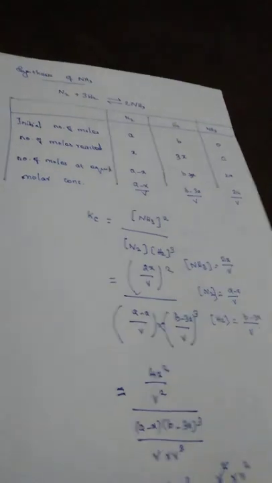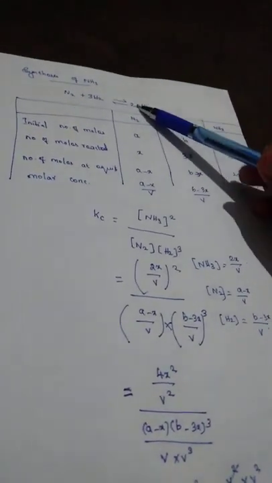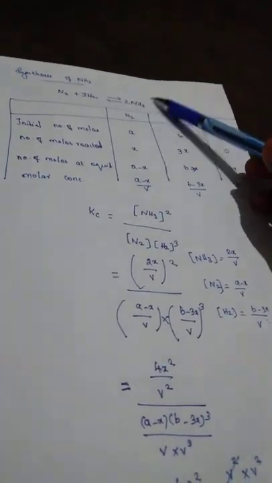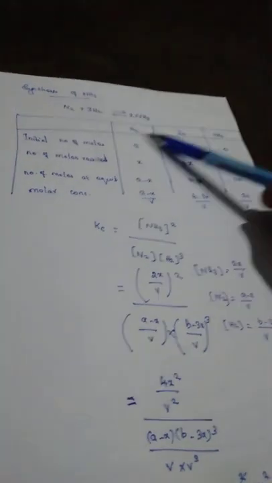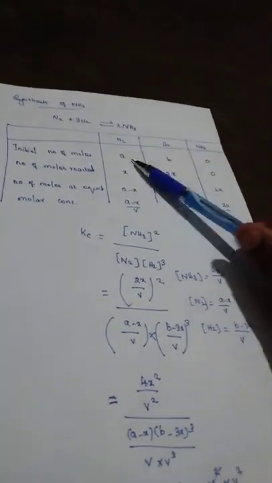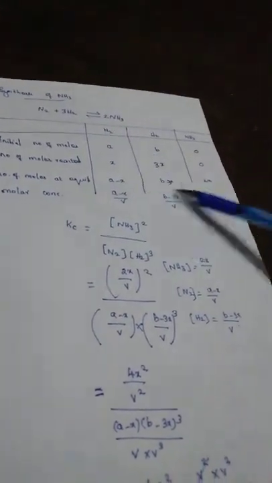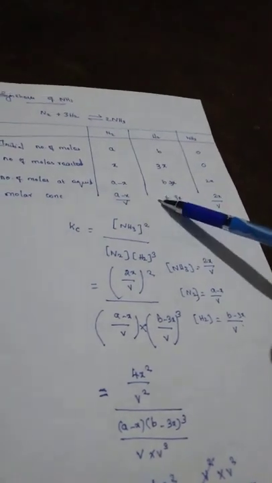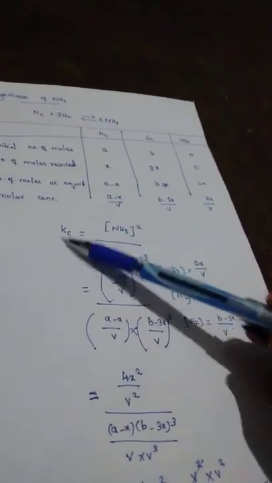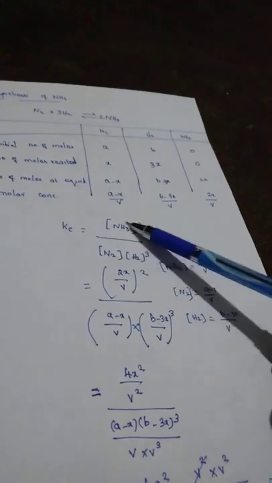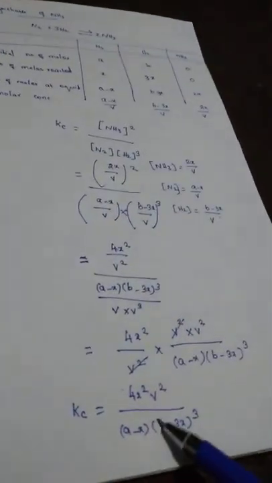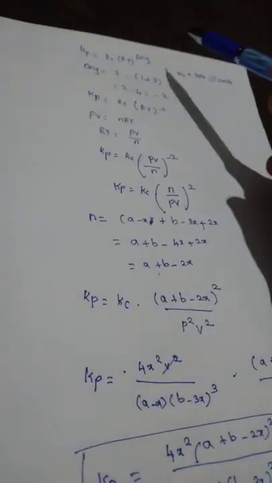Synthesis of ammonia. First write the formula for how we can prepare ammonia. Then just consider this tabular column. There you can write the concentration of these three values. From that, first you can calculate the Kc value, the Kc formula. Just apply all the concentrations, and you get the answer Kc. Same way you can calculate Kp.